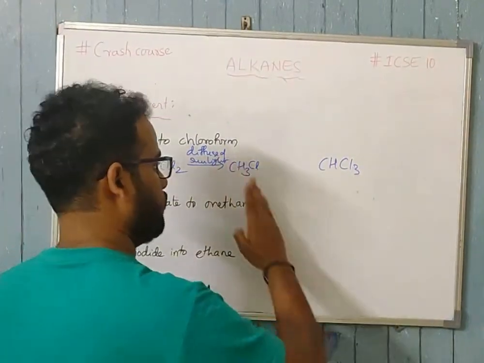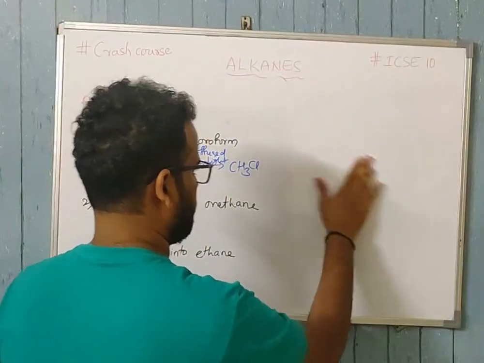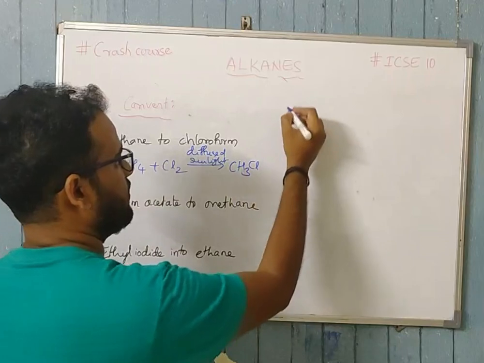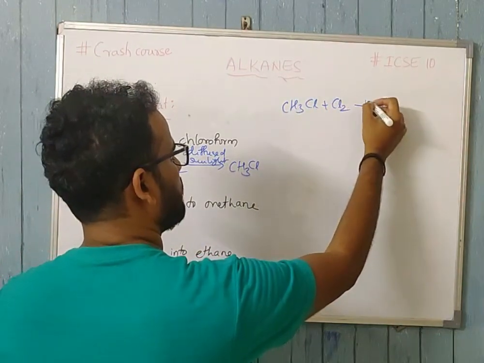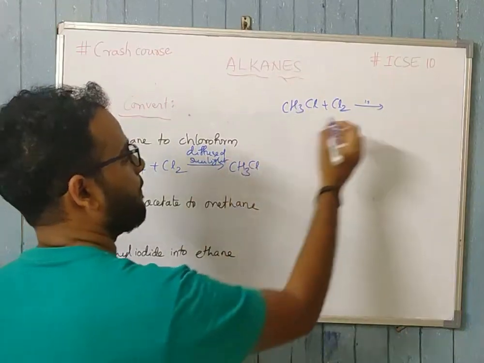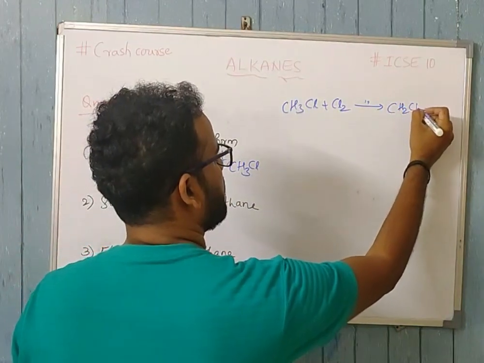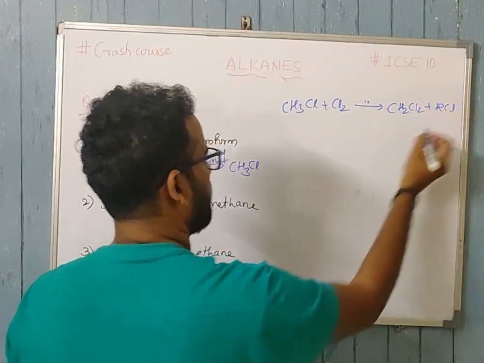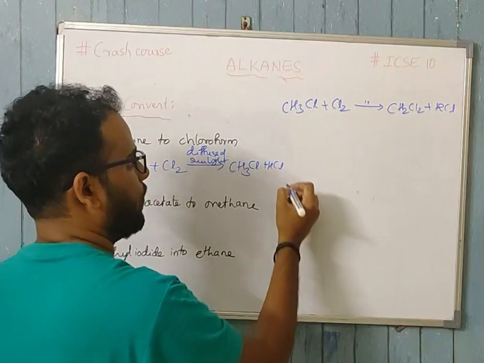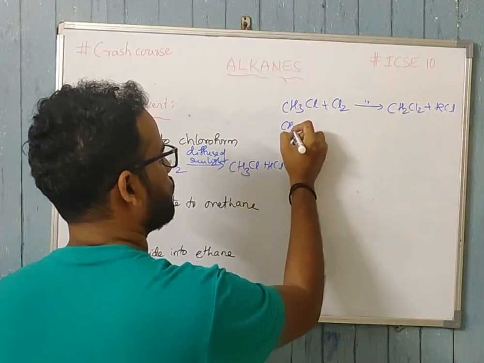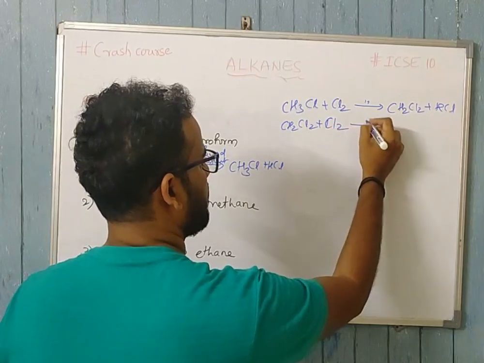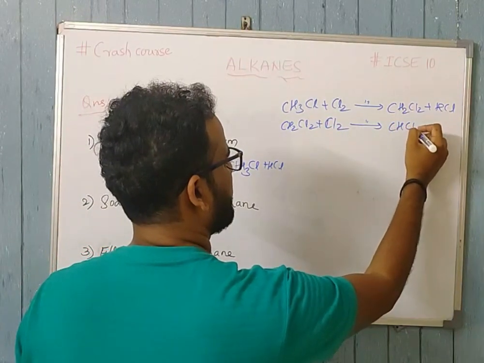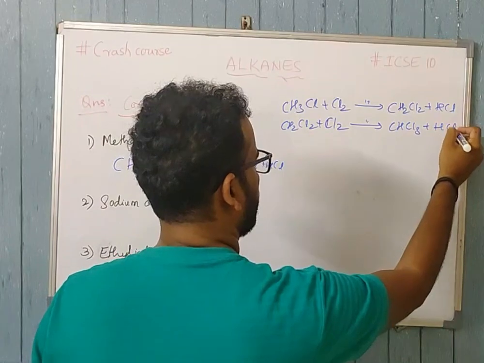Correct? Then CH3Cl plus chlorine, same condition, diffused sunlight, CH2Cl2 plus HCl. Then CH2Cl2 plus Cl2 under the same condition, CHCl3 plus HCl.